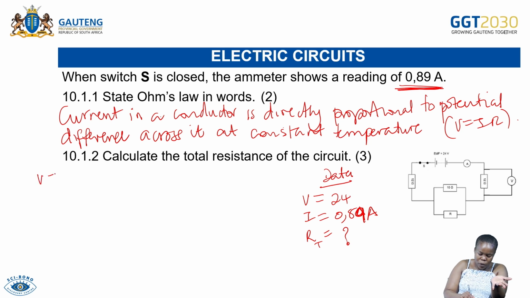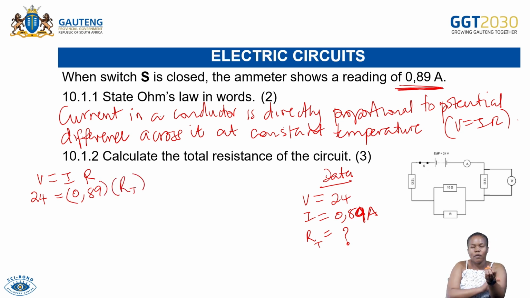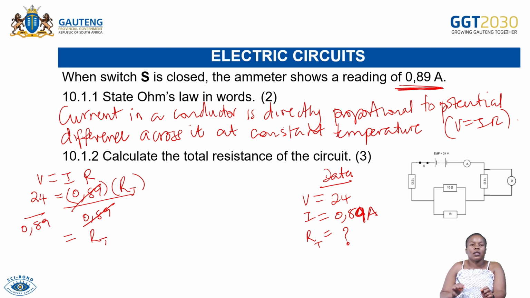So this makes it easy because we know V equals IR. So 24 equals I, which is our current, 0.89 amperes, times RT, which stands for the total resistance. So we divide by 0.89 on both sides, so that we remove what we don't want and are left with the total resistance.